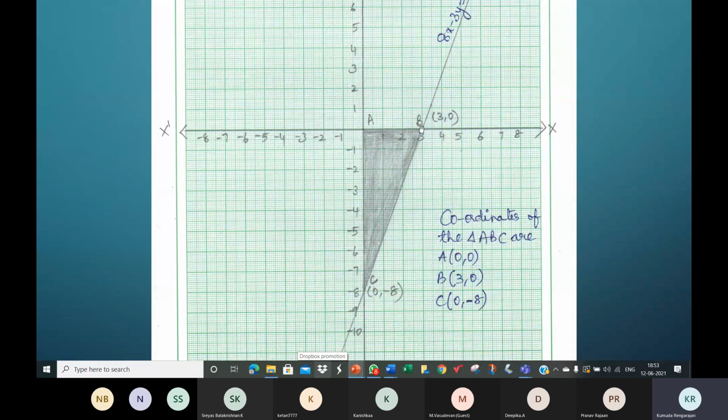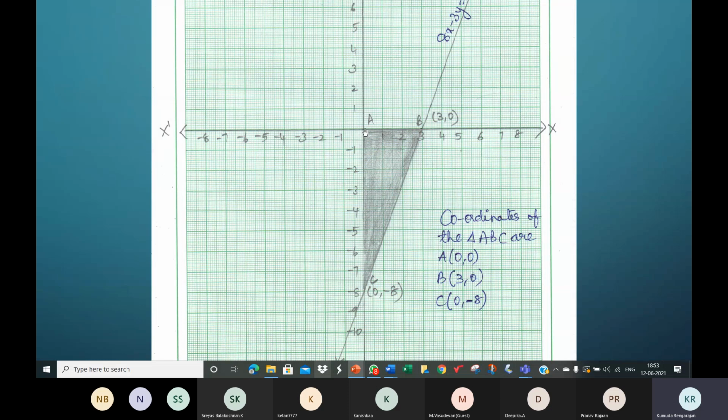You can see here AB is a part of the x-axis. I've called the triangle ABC. AB is a part of the x-axis. AC is a part of the y-axis, which means we have taken the x and y-axis as two of the three lines.